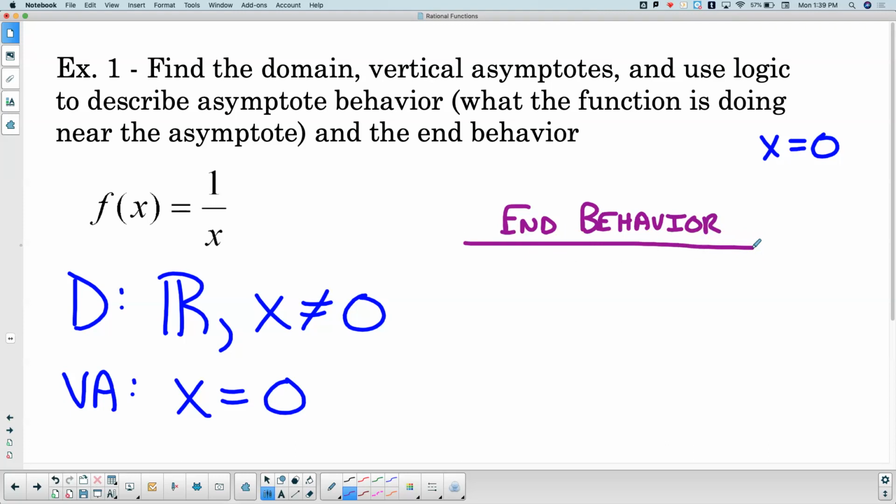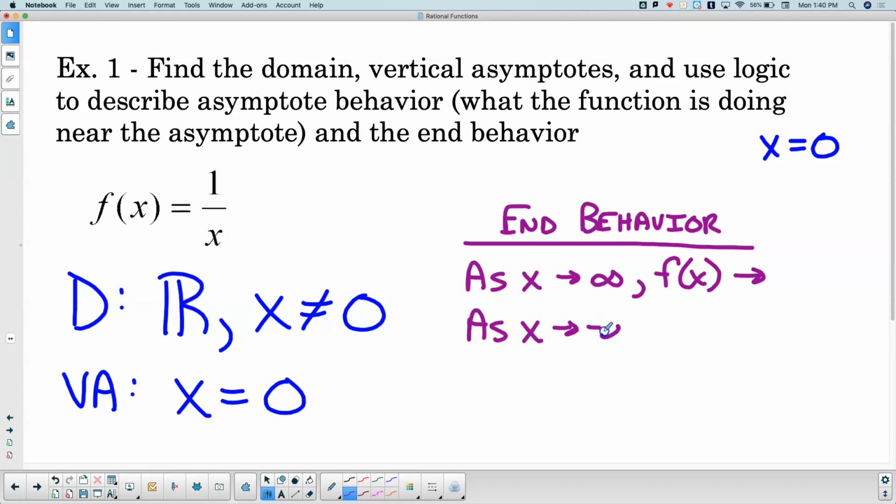End behavior says as x goes to infinity, my function goes somewhere. And as x goes to negative infinity, my function goes somewhere.